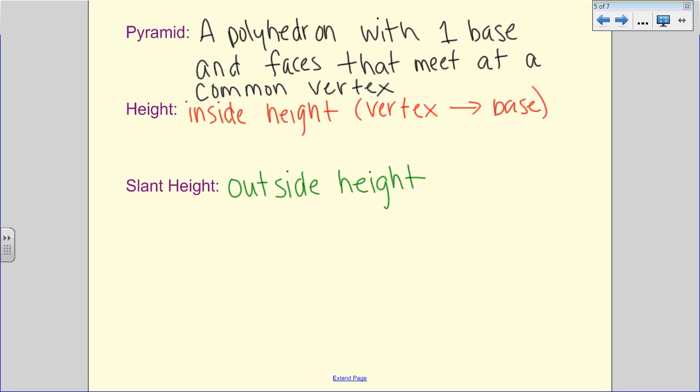All right, so the outside height is still going to go from the vertex, but it's going to go to the edge of the base. And so often when we look at our diagrams, the inside height is straight up and down, it's vertical. It hits at a 90-degree angle, where the slant height is still hitting at a 90-degree angle, but it's at an angle, it's at a slant.